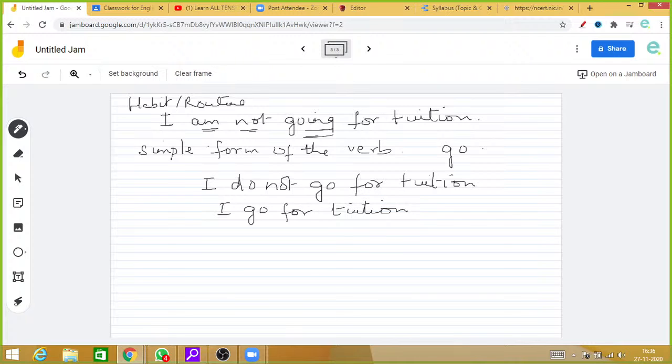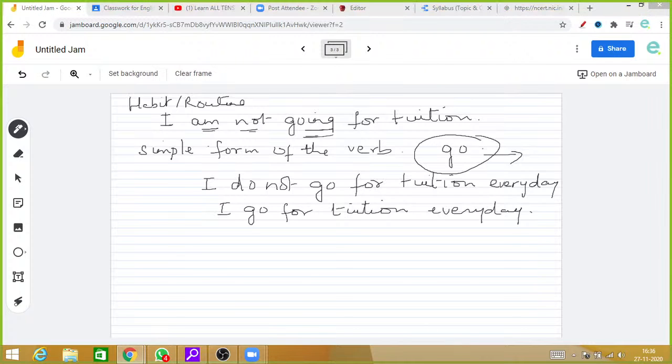I do not go for tuition every day, so it becomes a habit or a routine. I go for tuition every day. So make sure when we are talking about simple present that we use the base form of the verb. Okay, Vaishnavi? Is it okay? Yes, ma'am.